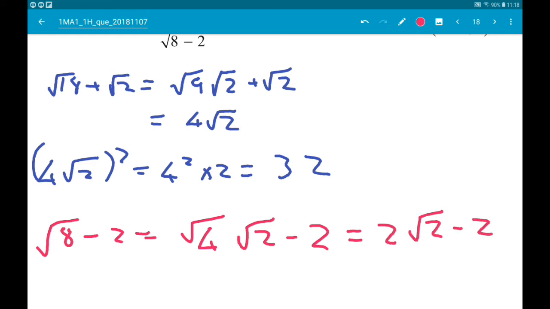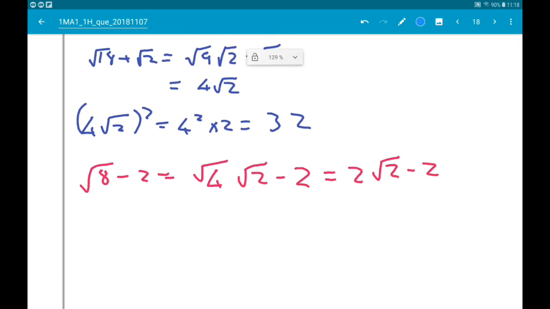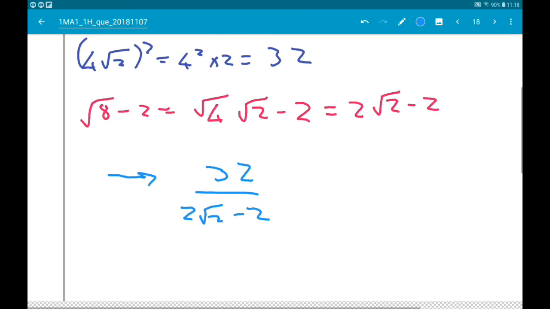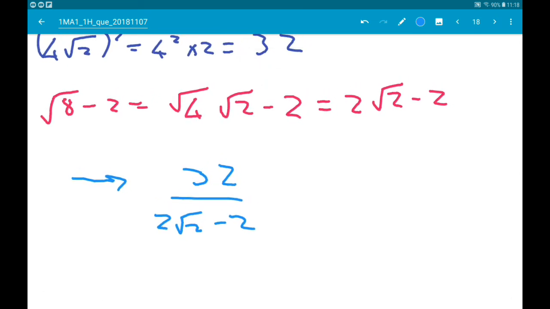Okay, so altogether, we now have 32 over 2 root 2 minus 2. Now, every term there has a common factor of 2. So, let's divide that away. So we have 16 over root 2 minus 1.